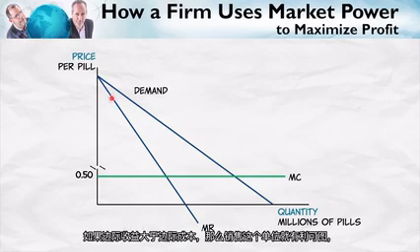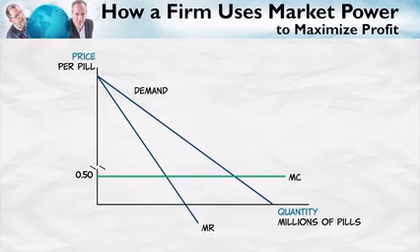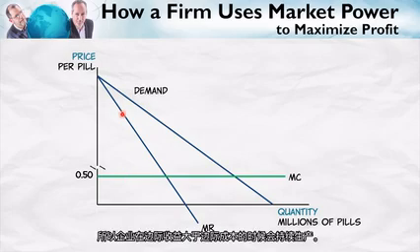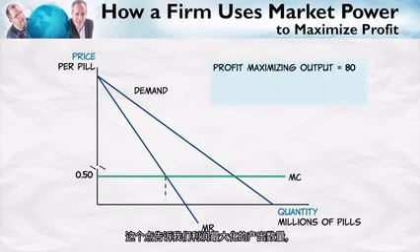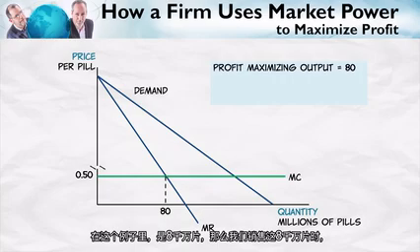If the marginal revenue is bigger than the marginal cost, then that's a profitable unit to sell. So the firm keeps producing so long as marginal revenue is bigger than marginal cost. That is, it produces until marginal revenue is equal to marginal cost. That point tells us the profit maximizing quantity of output, in this case 80 million pills.